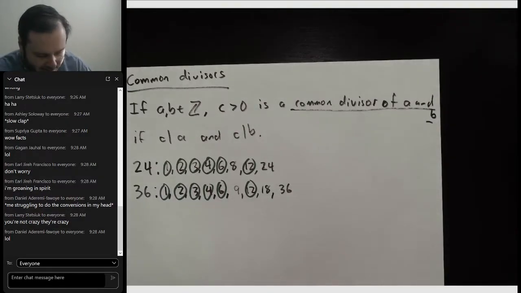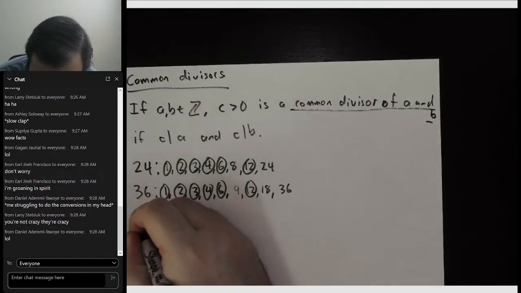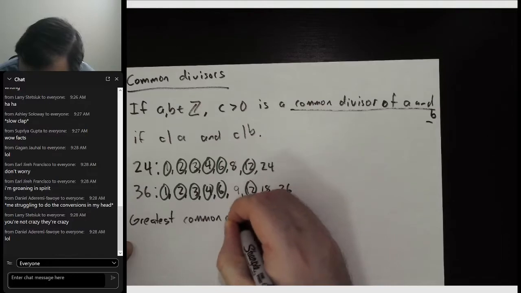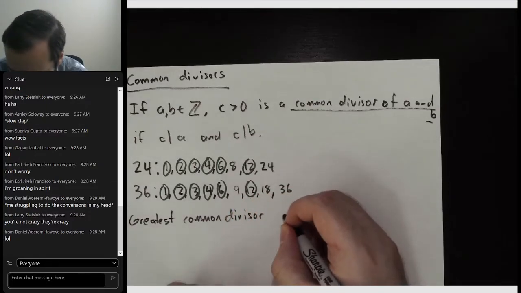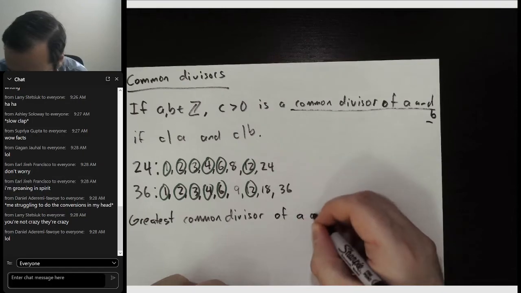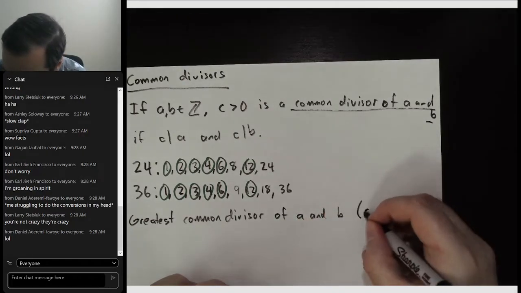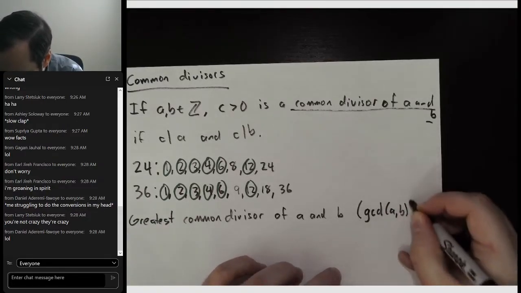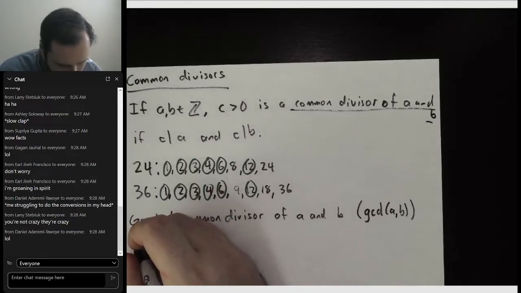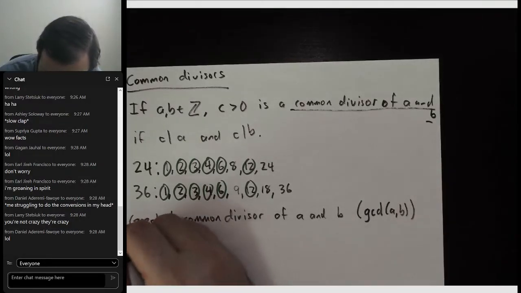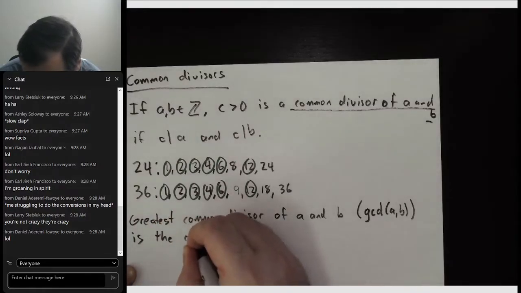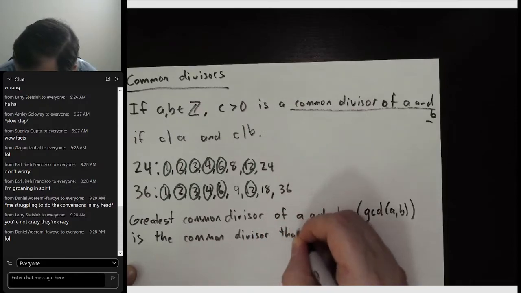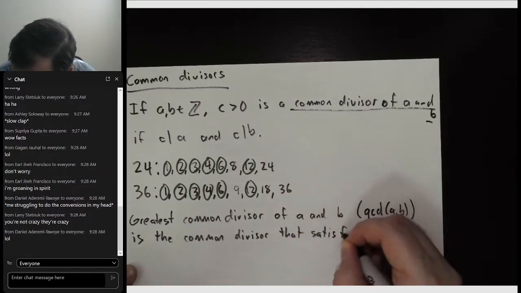And the greatest common divisor of A and B, which we write GCD, is the common divisor that satisfies two conditions.